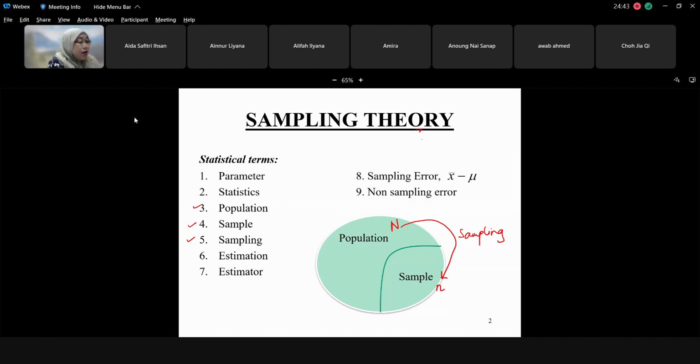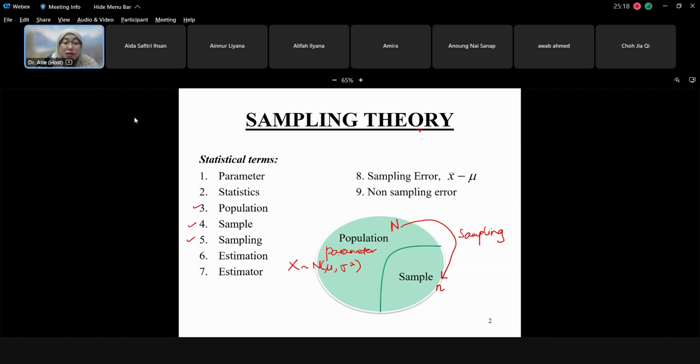On page 57, the word parameter. So what is actually parameter? Parameter is all the values that belong to a population. So anything, that values related to population, we call it parameter. So for example, in our distribution just now, I said that for the population X is distributed with normal distribution, mu and sigma square.